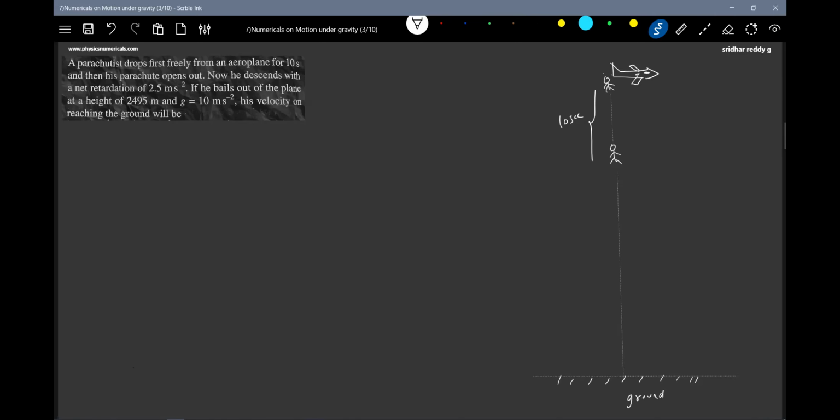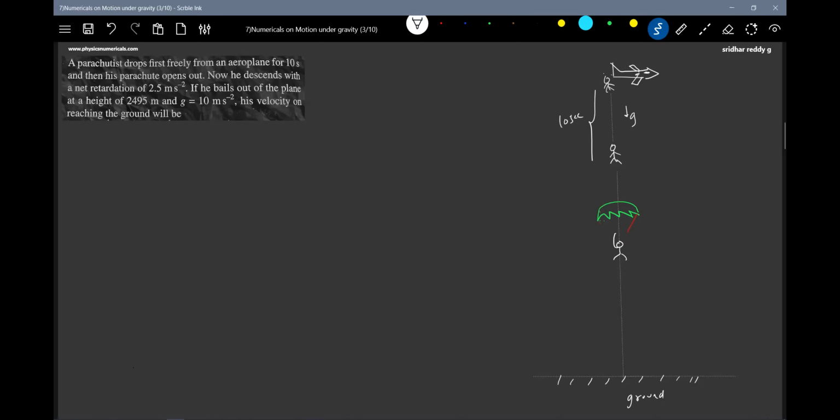This is the ground. In 10 seconds he will fall freely. After that, he will open the parachute. Now he descends with net retardation. So what is the state of him? Let me draw it.